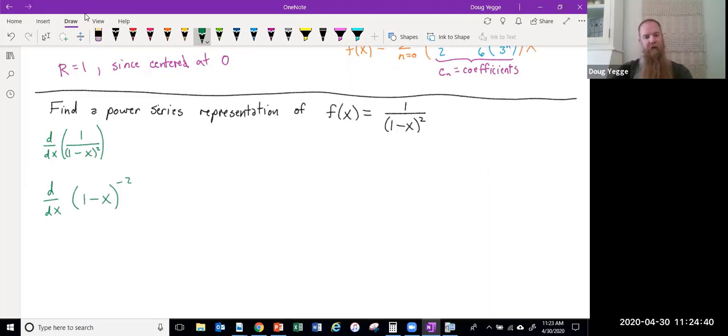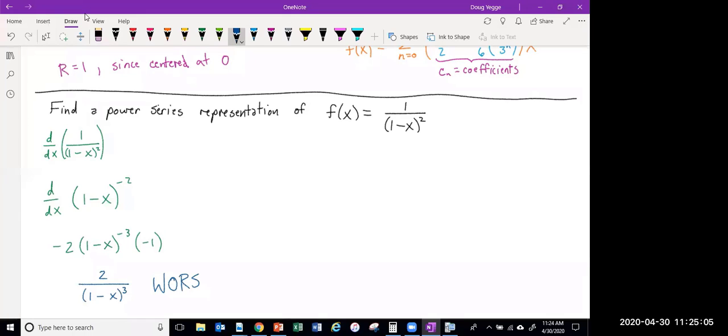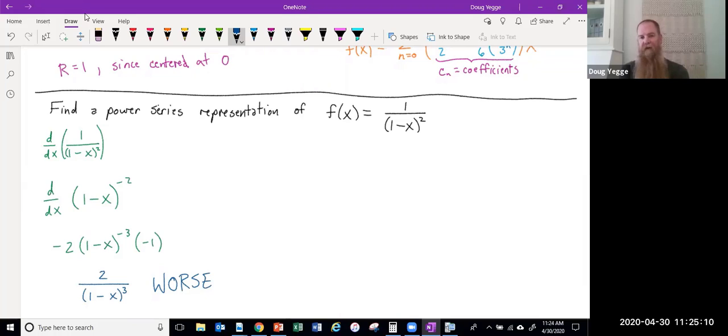And that means it's negative 2 times 1 minus x to the negative 3 times negative 1, which means that this derivative is 2 over 1 minus x cubed. And that's worse. That didn't really help. So it doesn't have a derivative that's very nice to work with as a power series. So why don't we look at its integral then?